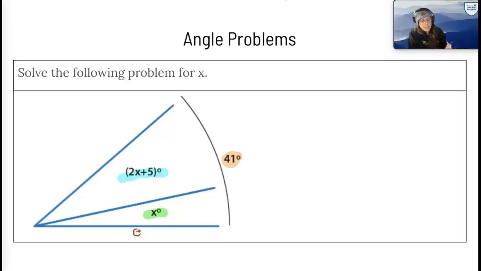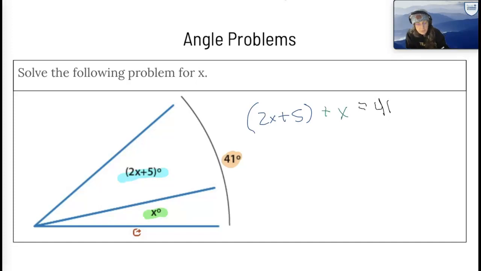So you have your (2x plus 5) in parentheses, plus x, is equal to 41. This is again your angle addition postulate.